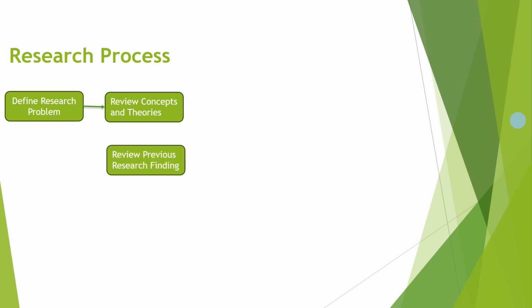After that, you need to review previous research findings, what research has already been done in the same area. You need to understand and learn those things, and draw some conclusions based on those articles.